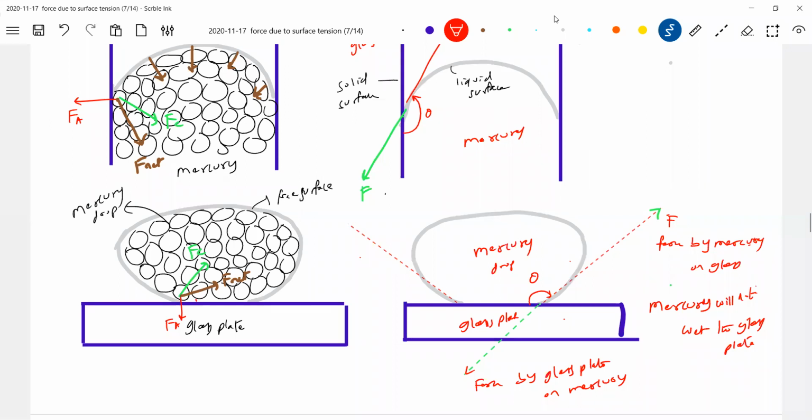So why will some liquids wet, and why will some liquids not wet? Similarly, you can take many other examples like this one. Why will water wet the surface? It all depends upon the angle of contact.